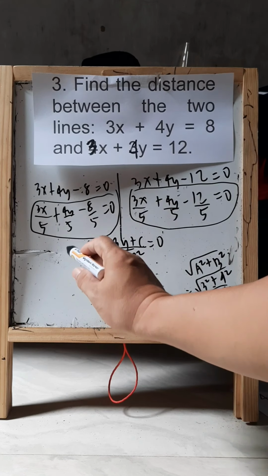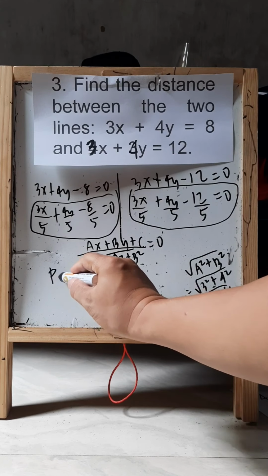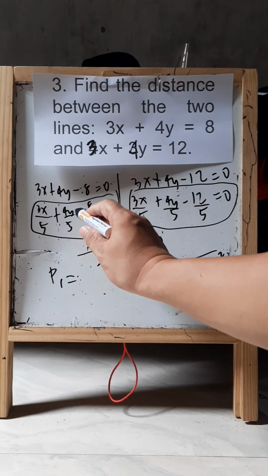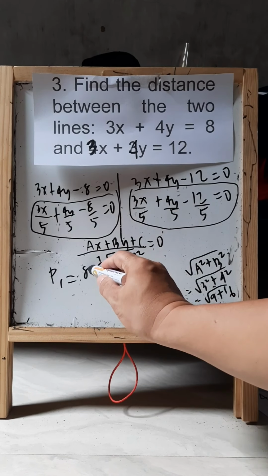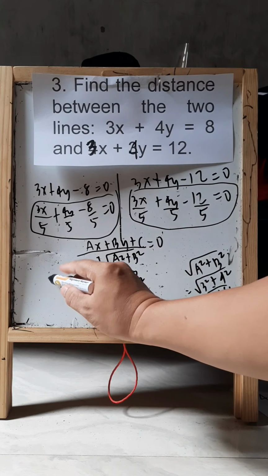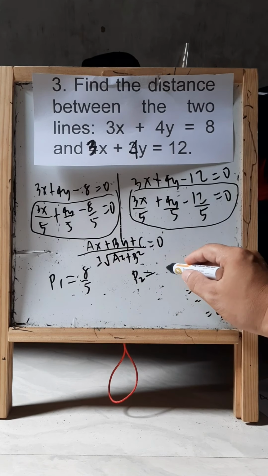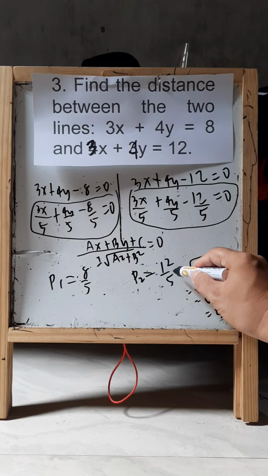It's easy. Let us determine the p. For line 1, 3x plus 4y minus 8 equals 0, p is 8 over 5. And how about the value of p for line 2? That is equal to 12 over 5.